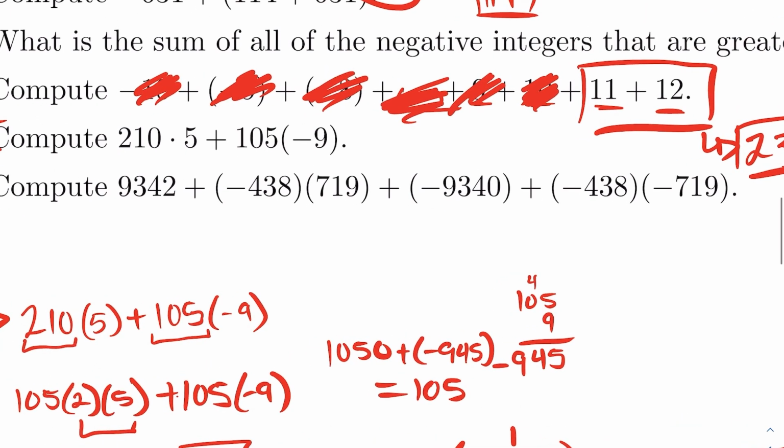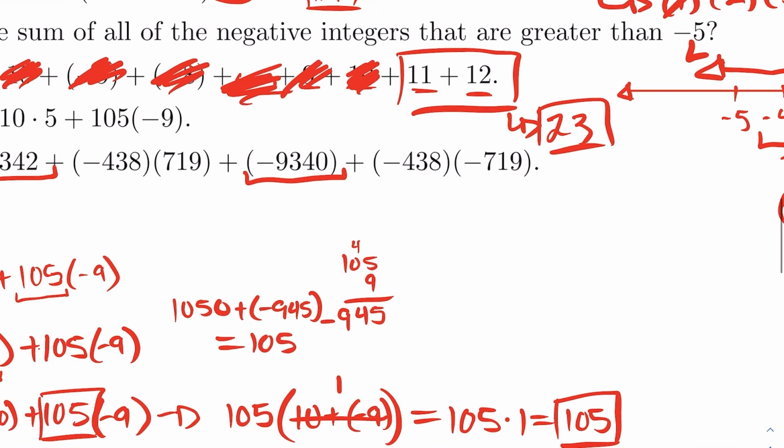So let's do something here. We can take our 9,342 and our negative 9,340 and move that around, and rewrite this whole problem.